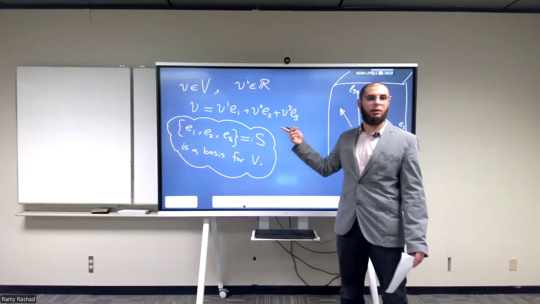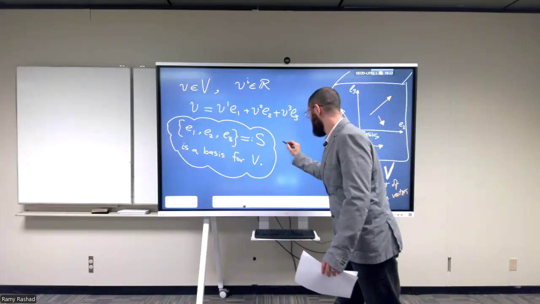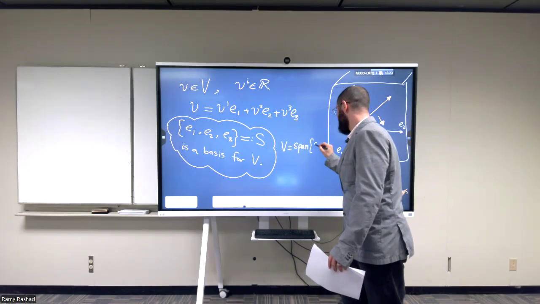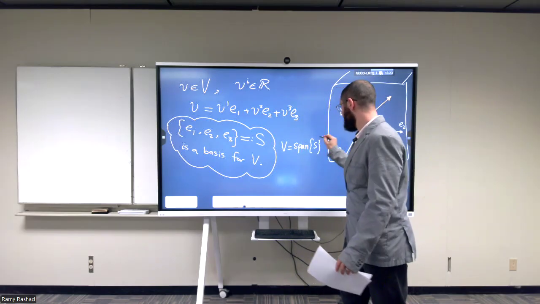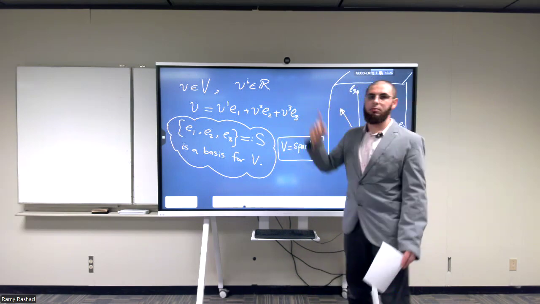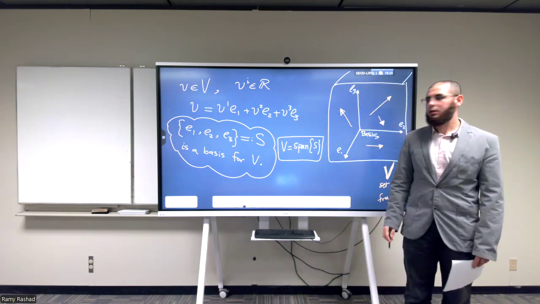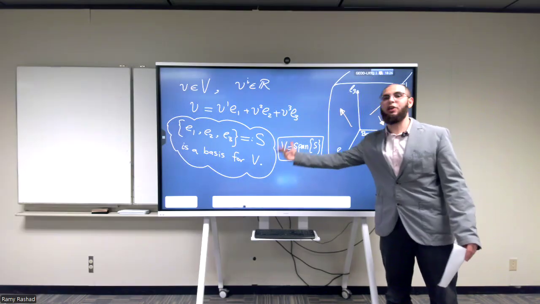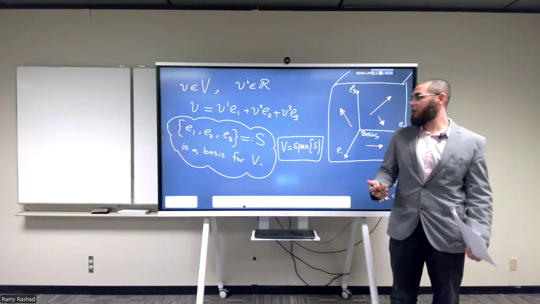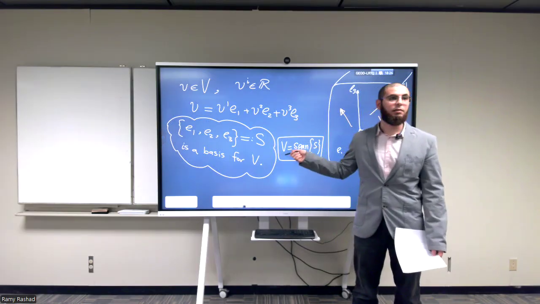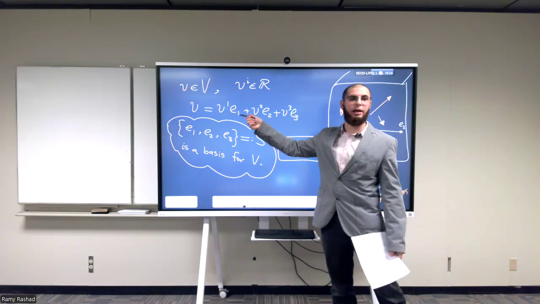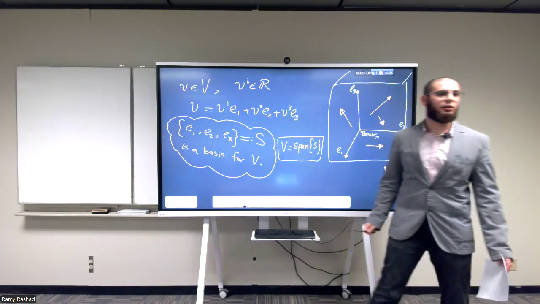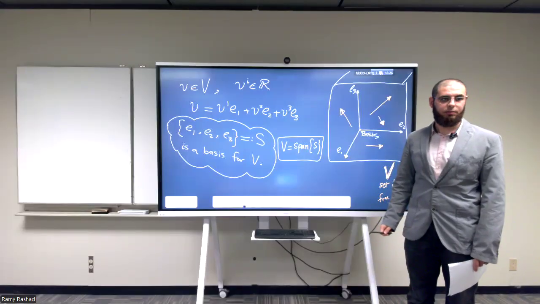This means that V is equal to the span of the set S. So if V is the span of S, it's another way of saying that S generates V. And it's another way of saying that if I take any element in V, I can write it as a linear combination of some numbers in terms of the e's that I chose.